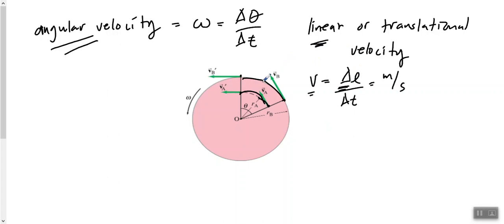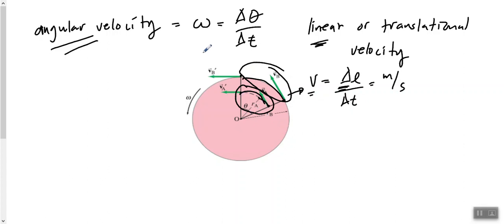The object on the outer edge has a higher linear speed compared with the one inside. If you're on a merry-go-round, you on the edge have a greater speed than the person closer to the axis of rotation.